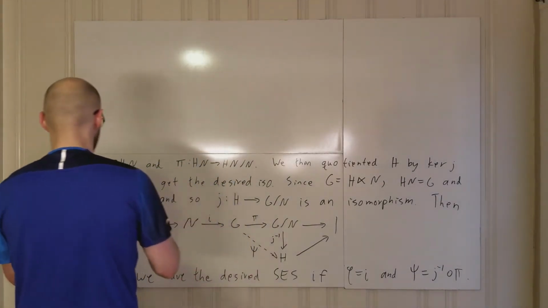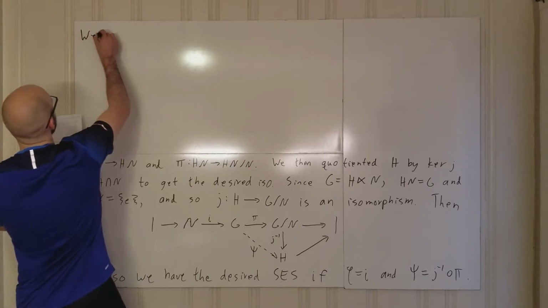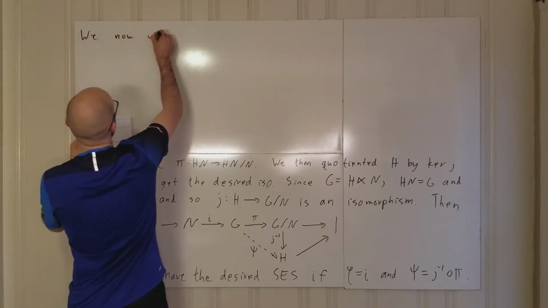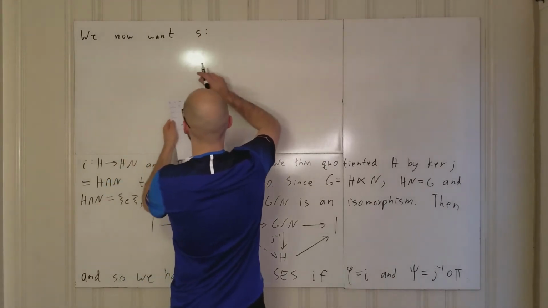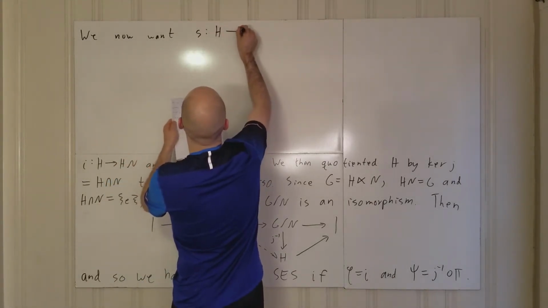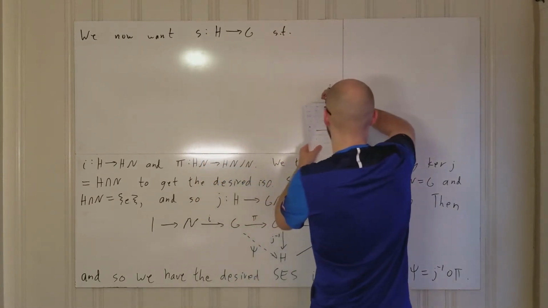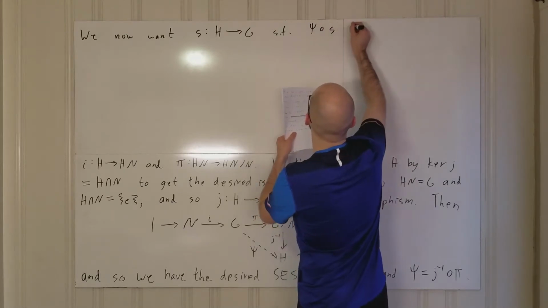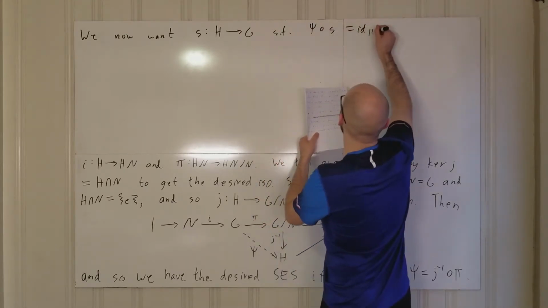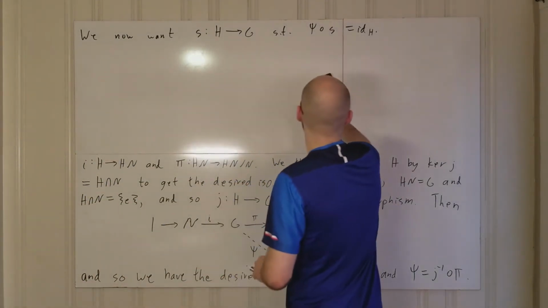Let's see here. We now want a map S from H to G such that psi of S is the identity on H. So let's see here.